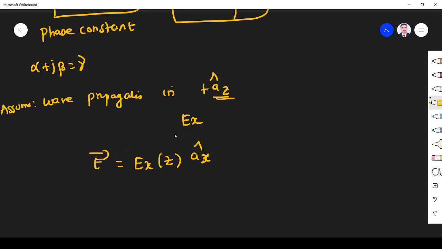Any vector can be written in terms of its magnitude and its unit vector. The unit vector is Ax.